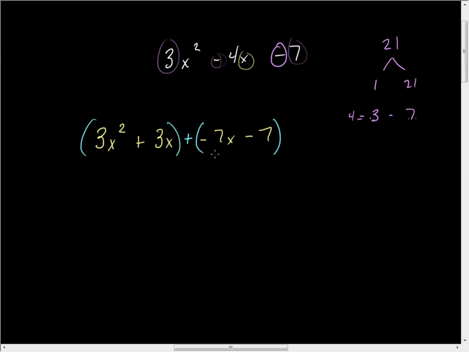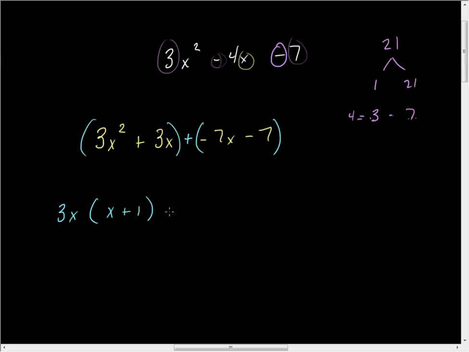So all we did is we rewrote that middle term. Now I factor through grouping. And so I can bring out a 3x here. That leaves me with x plus 1. Don't forget the plus 1. Most people will look at it and be like, oh, there's nothing left, so it's just 0. No, it's plus 1. 3x divided by 3x is 1.